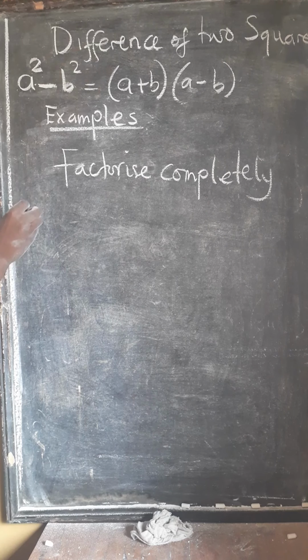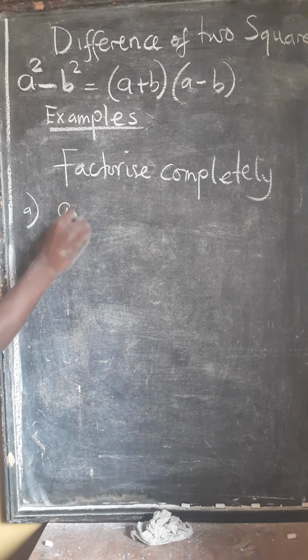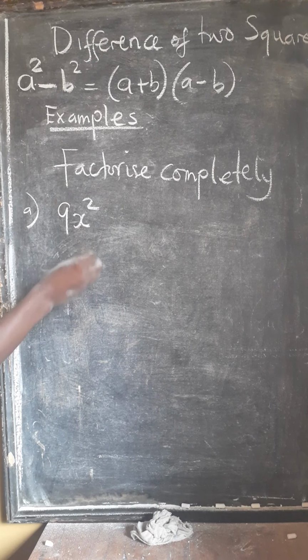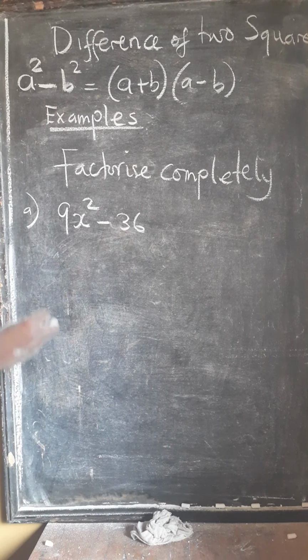Of course, we are using this method here. Here we have 9 minus 36.